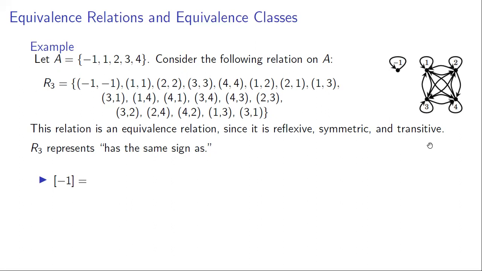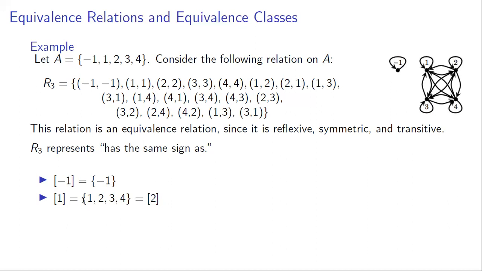So what is the equivalence class of -1? The only thing that's related to -1 is itself. So that's just the set containing -1. What is the equivalence class of 1? Well, what are the things in A that are related to 1? 1 is related to itself, 2 is related to 1, 3 is related to 1, and 4 is related to 1. So we have this set. But this is also the equivalence class of 2, because this is the set of things that 2 is related to.